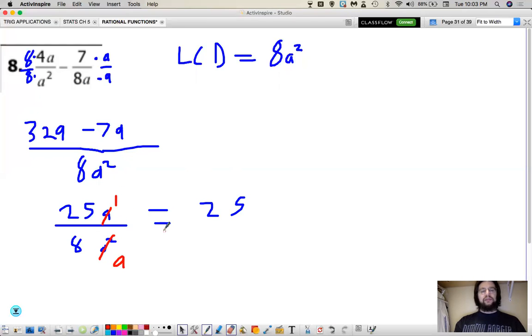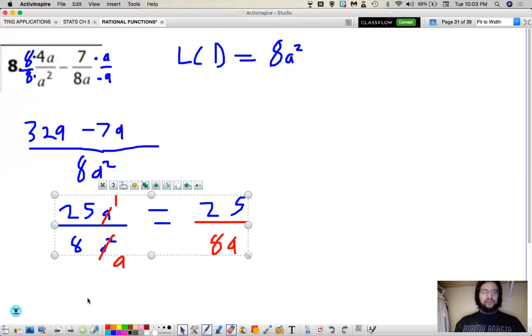But again, later down the line, it can be a huge difference. 25 over 8a, and we're done. Go to the next problem.